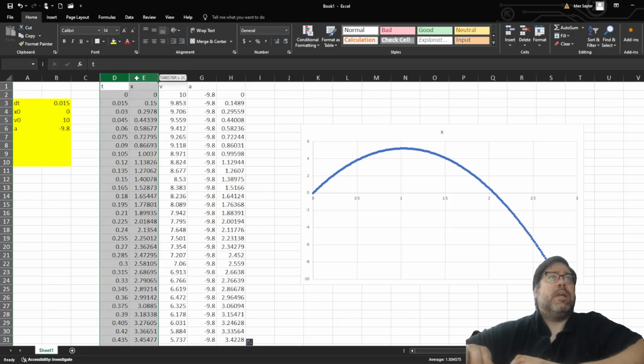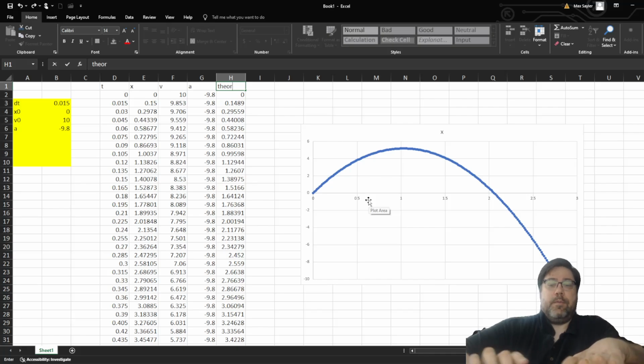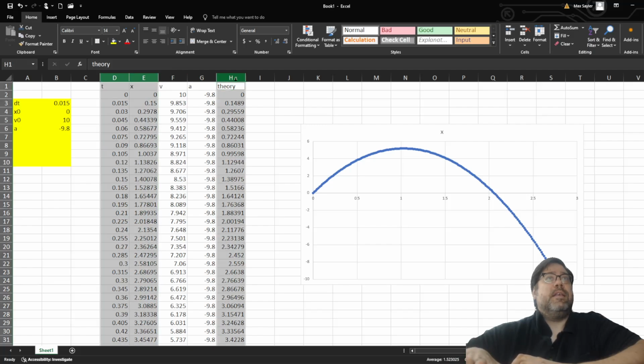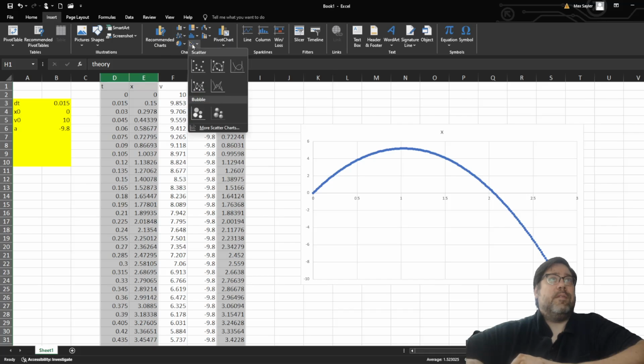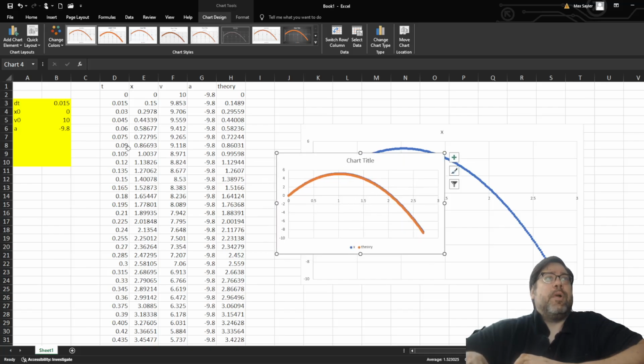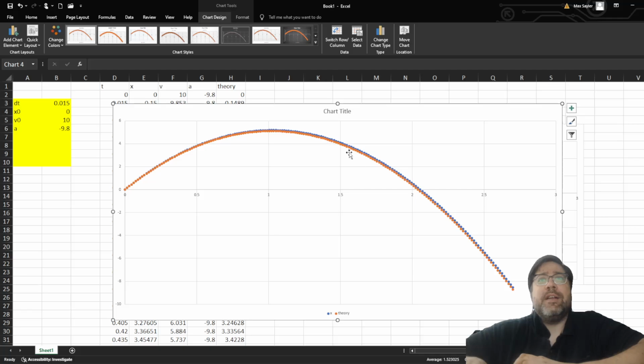Now if I'm lucky, so this is, let's say, the theory. If we do x and t and theory and insert this, the problem is they're so close together that you can't even see them apart. Hopefully you can barely see that. There you go. You can see that they start to diverge just a little bit here on the outer edge. So that is how good this calculation is at telling us this exact trajectory.